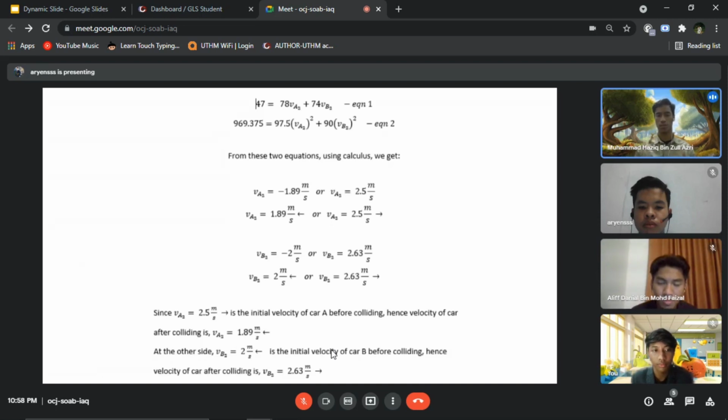Since the initial velocity of car A is 2.5 meter per second, 1.89 meter per second will be its final velocity. Same goes for car B. 2 meter per second is the initial velocity, so 2.63 meter per second will be the final velocity for car B. Hence, we get the final velocity for each car.